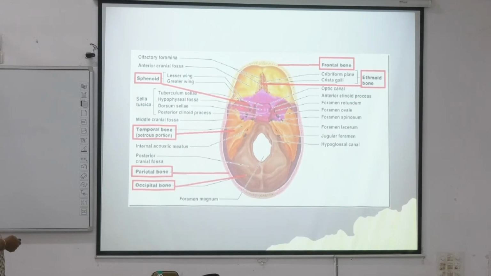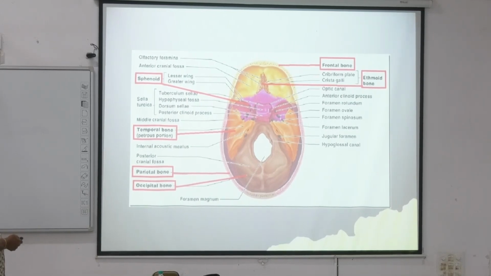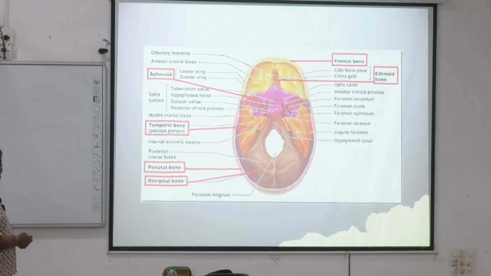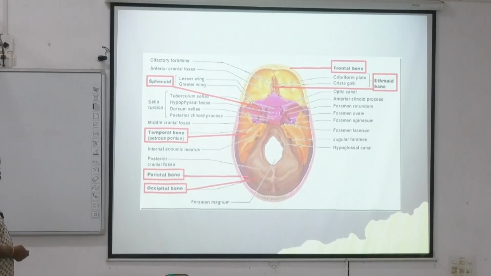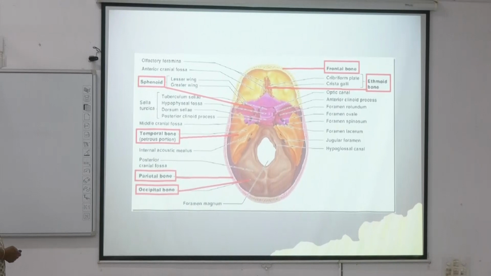Now you see the sphenoid, the frontal bone, the ethmoid bone, the temporal bone, and parietal bone and occipital bone.